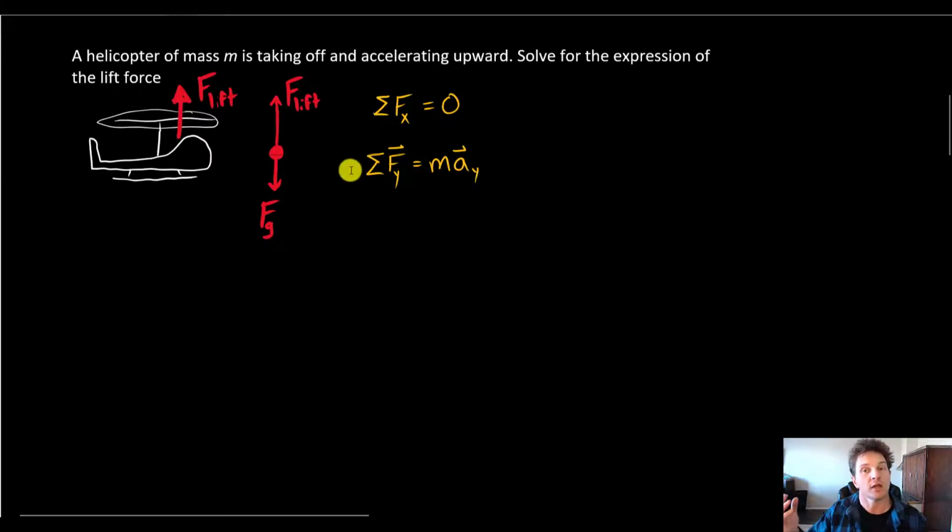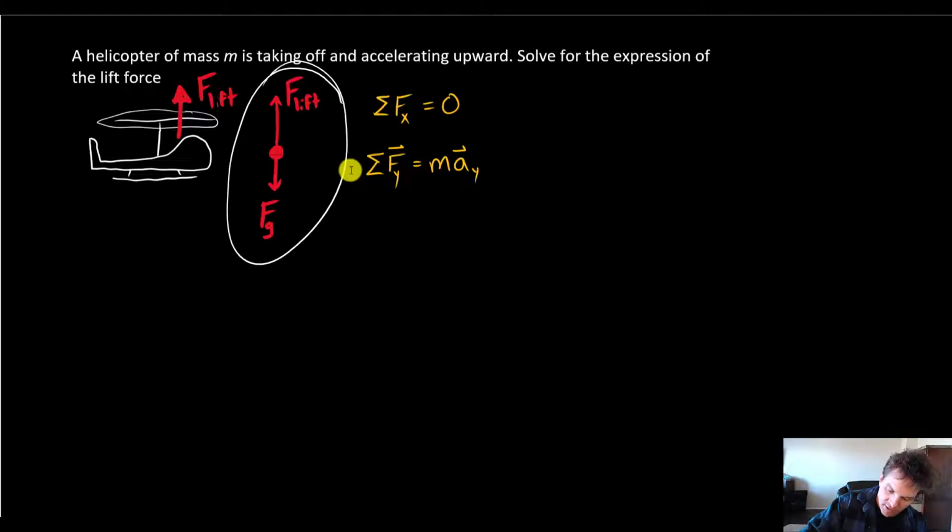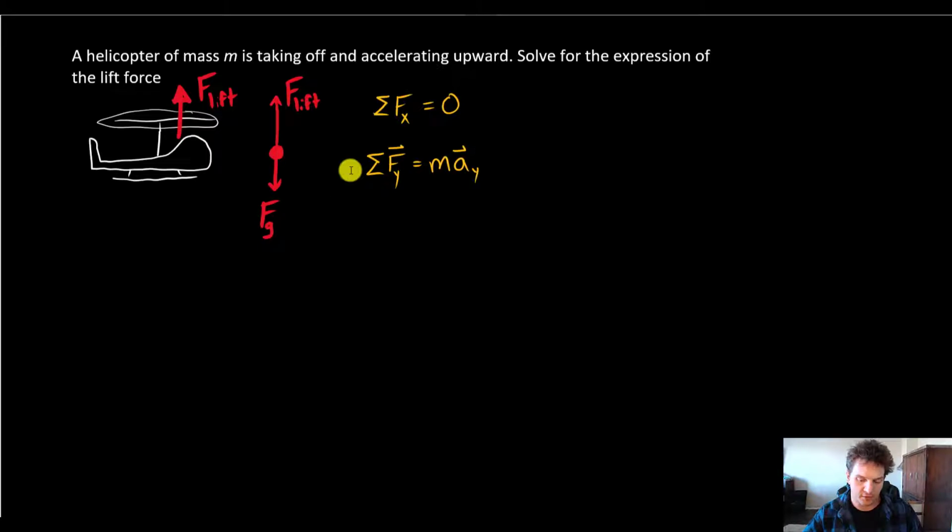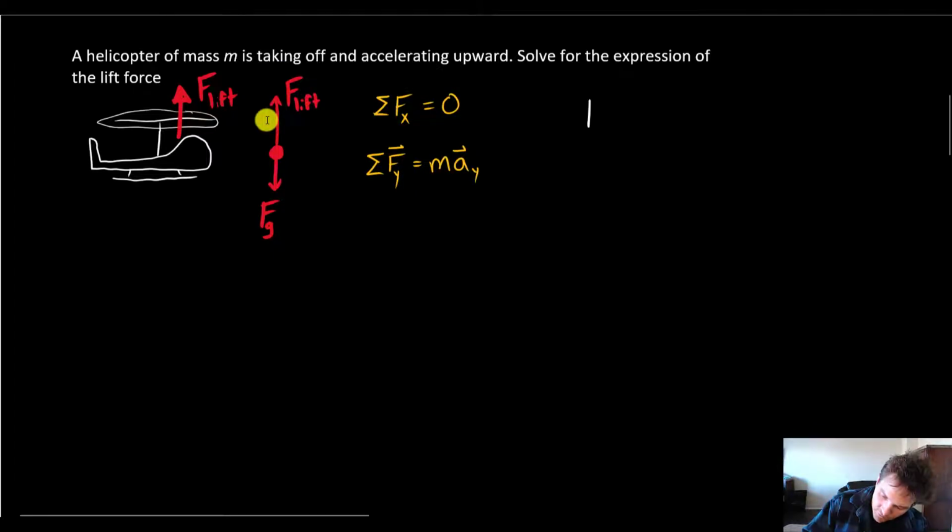From here, it just becomes time to use this equation and isolate the lift force. So let's figure out what the net force is. Well, I'm going to look at my free body diagram and use that to figure out what my net force is. The one going up in the positive direction is going to be positive, so I have the force of lift.